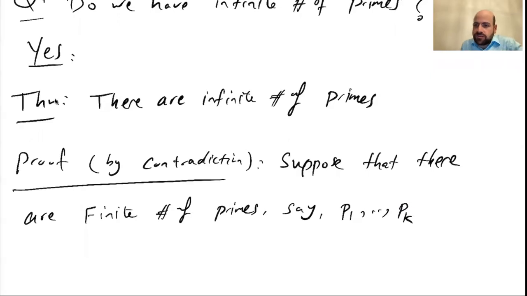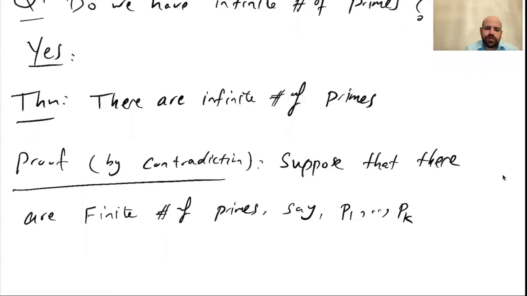So every number must be either prime itself or divisible by at least one prime. So in any case, every number has to be divisible by at least one prime number. So if I can construct a number which is not divisible by any primes, then that will be my contradiction.